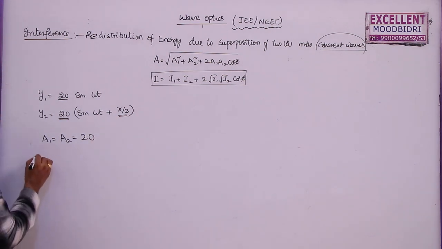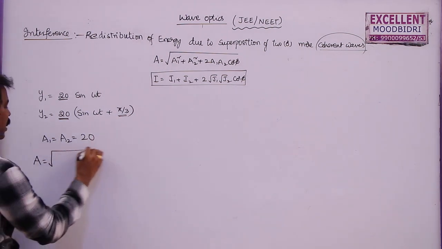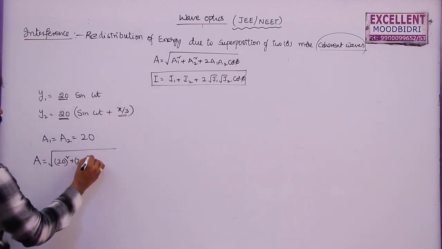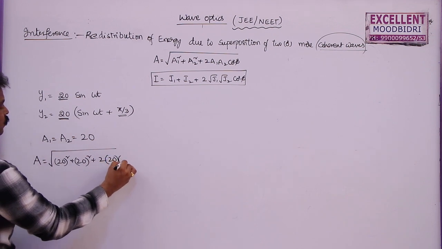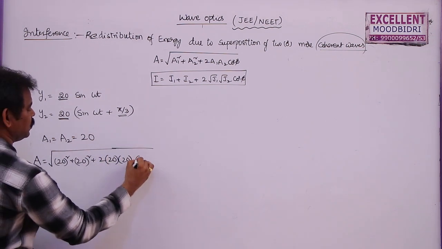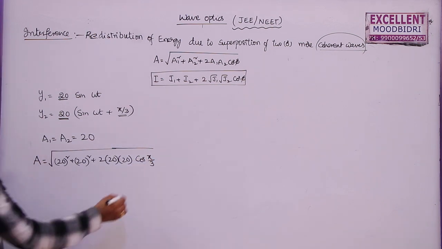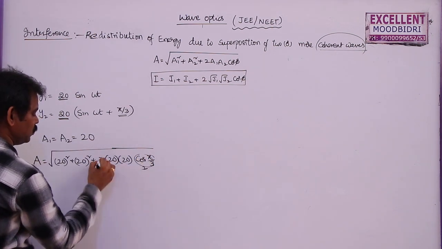So we can write the resultant amplitude as root of 20 square plus 20 square plus 2 into 20 into 20 cos pi by 3. This is cos 60, which is 1 by 2, so the 2 and 1 by 2 get cancelled.